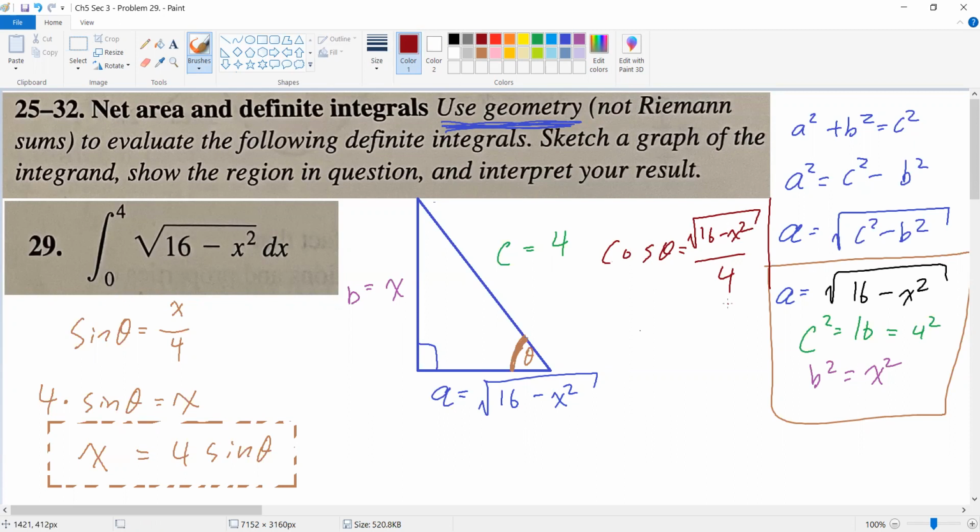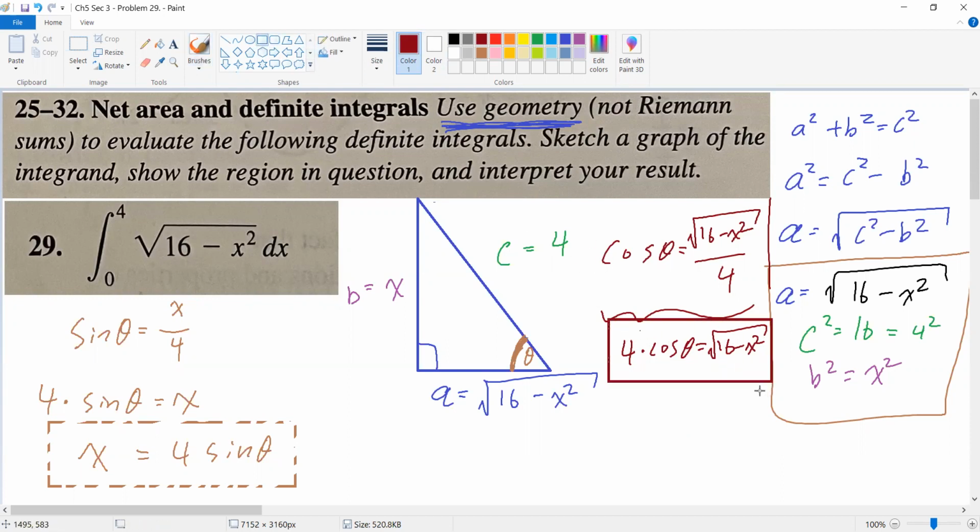In this statement, I'm going to solve for the square root of 16 minus x squared, because that's exactly the integrand we want. So 4 times the cosine of theta is equal to the square root of 16 minus x squared. This is great news. This is our second equation.